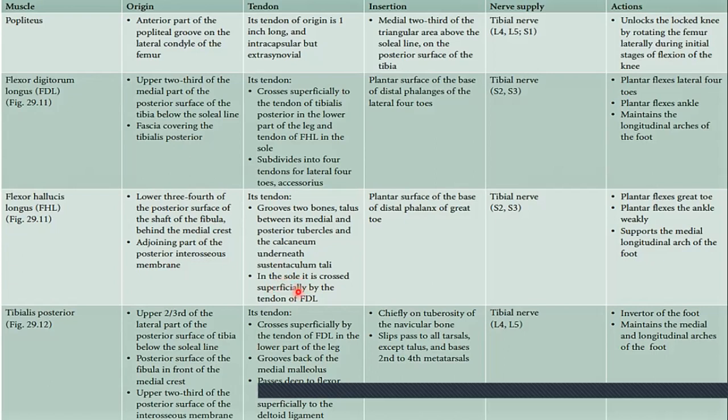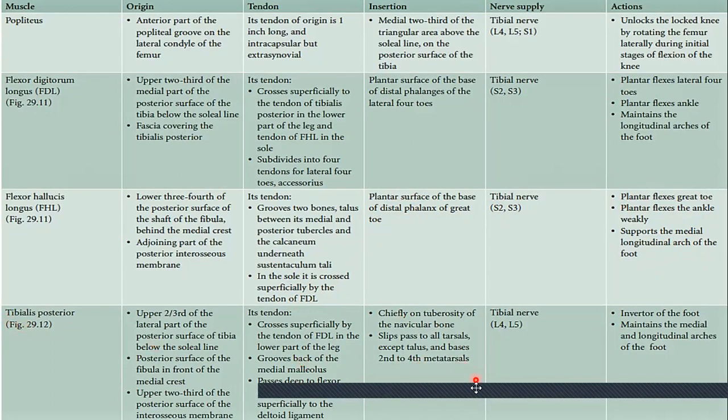Now, in the sole, it is crossed superficially by the tendon of flexor digitorum longus, and it inserts into the plantar surface of the base of the distal phalanx of the great toe, the hallux. Innervated by tibial nerve, plantarflexes the great toe, plantarflexes the ankle, but weakly. Also supports the medial longitudinal arch of the foot only, does not support the lateral longitudinal arch.